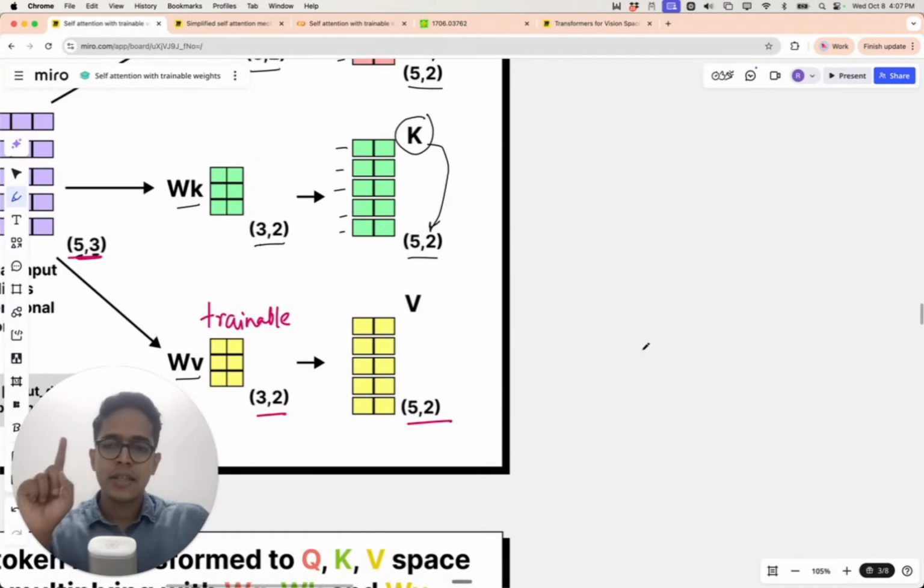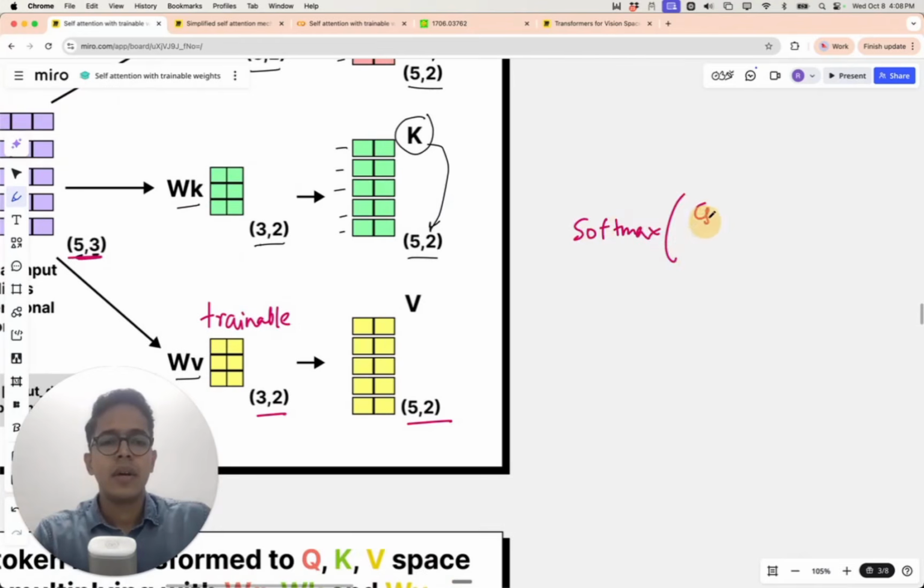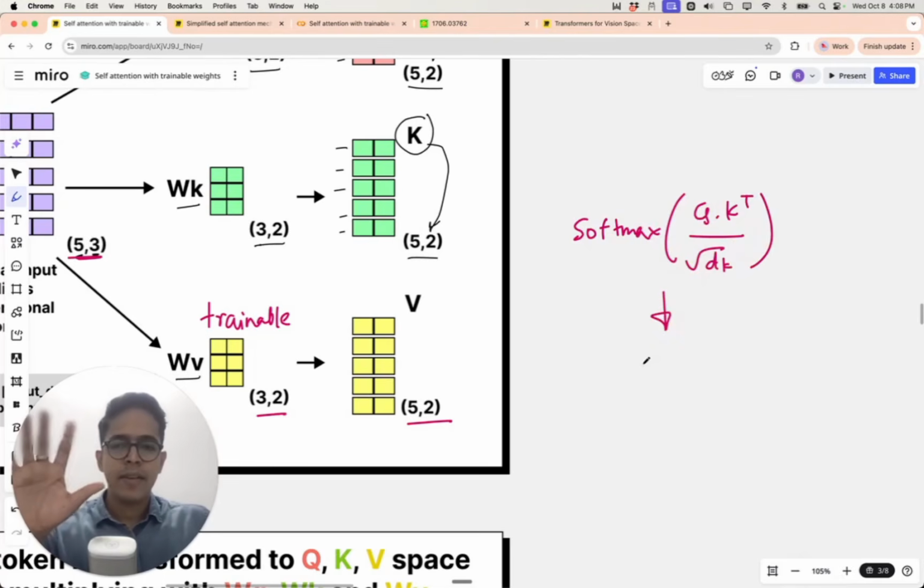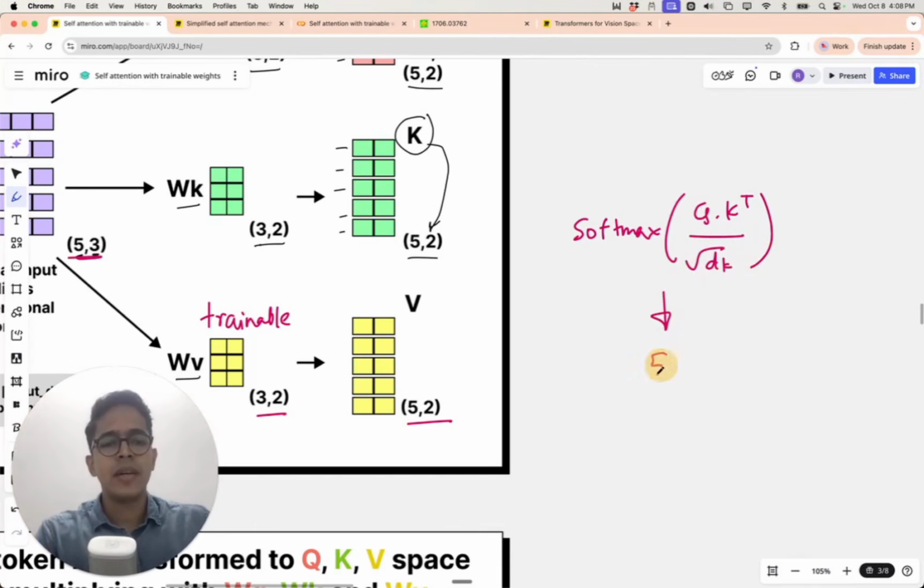By the way, attention weights was of what dimension? Softmax of query dot key transpose divided by square root of dk. What was the dimensionality of this? We had 5 tokens in the input, which means we have 5 queries and 5 keys, right? So this had a dimensionality of 5 by 5.